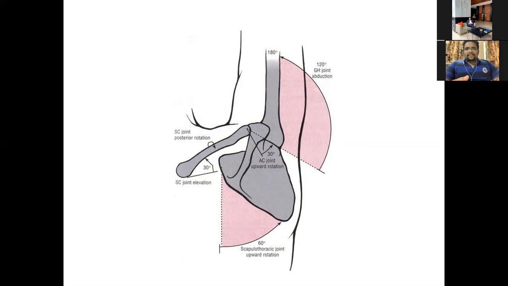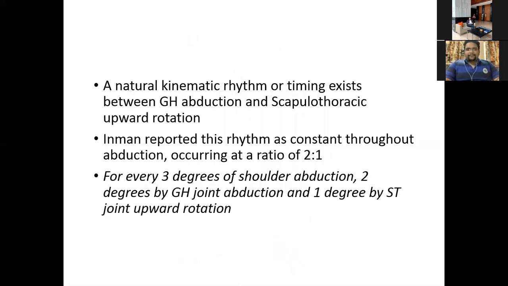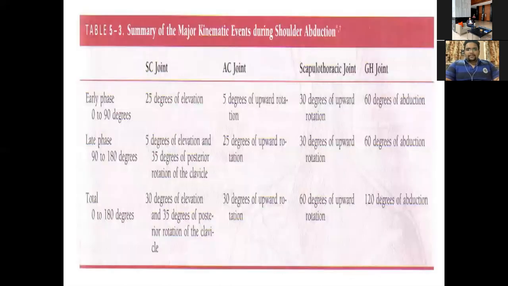Here you can see that the AC joint is moving 30 degrees in upward rotation and the SC joint is moving 30 degrees in elevation. Now we will explain how these movements are occurring. Here you can see that the ratio I was telling you is 2:1, that Inman reported for every 3 degrees of shoulder abduction.